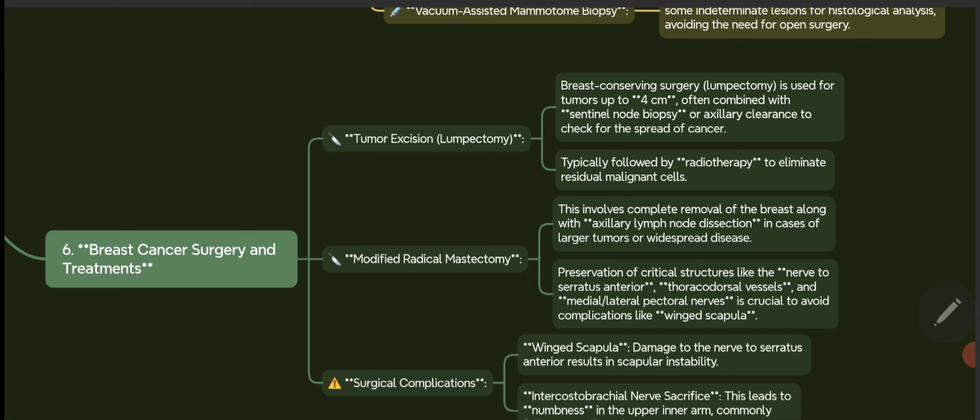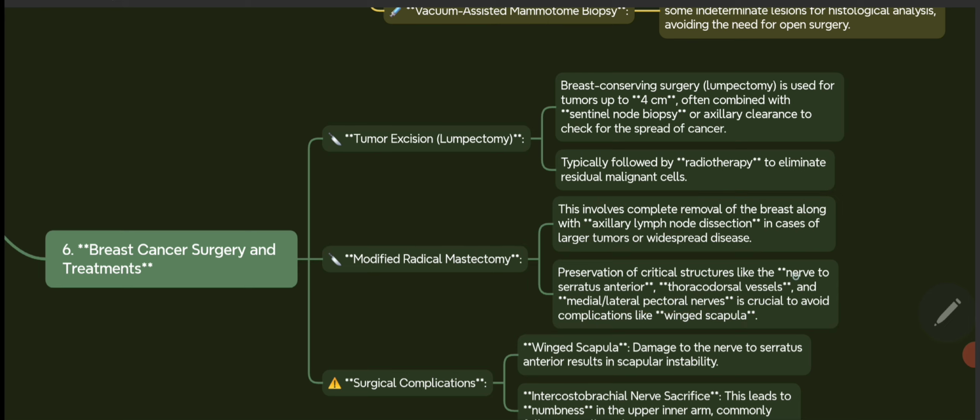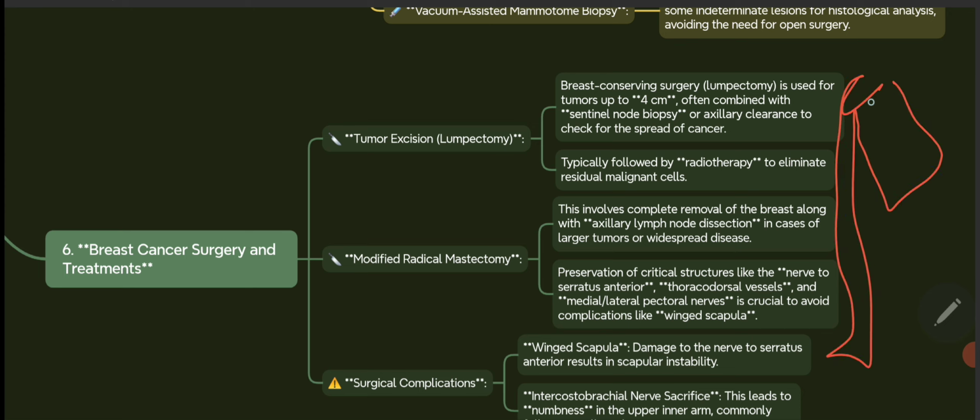Then modified radical mastectomy. It removes the complete breast tissue with axillary lymph nodes. Preservation of critical structures like the nerve to serratus anterior, thoracodorsal vessels, and medial and lateral pectoral nerves is crucial to avoid complications like winged scapula. There's no scapular control.